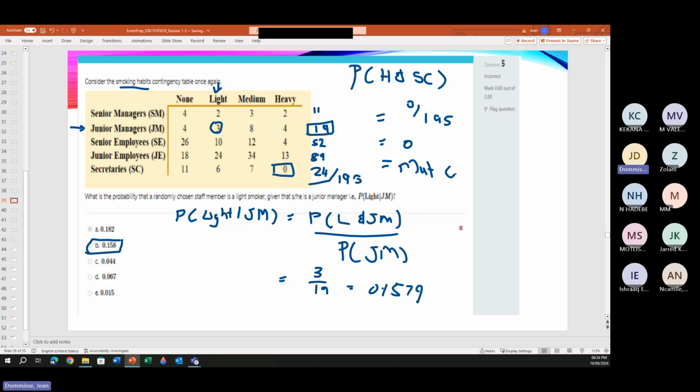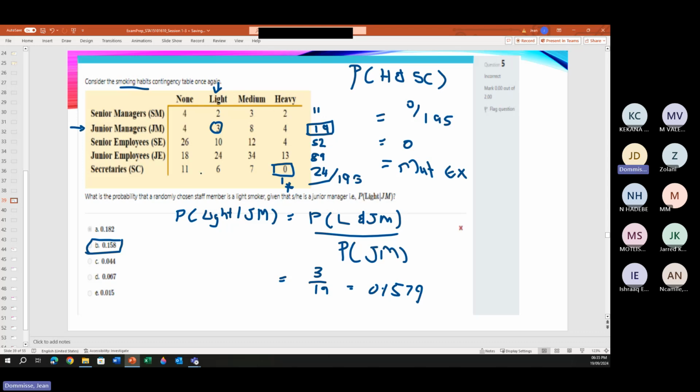This is an interesting table because it's nearly the first time in a table that I've seen a 0. That means there are none of them, so they are basically mutually exclusive. That is quite an interesting one in this table.